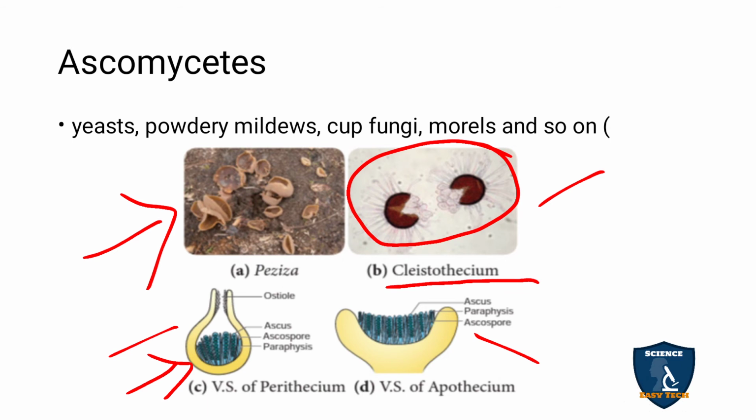Perithecium is flask shaped. Apothecium is cup shaped. In cleistothecium the fruit body is completely closed, in flask shape you have the opening, and in cup shape the entire thing is exposed. In between, the sterile hyphae and the fertile hyphae with ascospores are seen in the cup shaped, flask shaped or closed types of fruit bodies, that is cleistothecium, perithecium, apothecium.